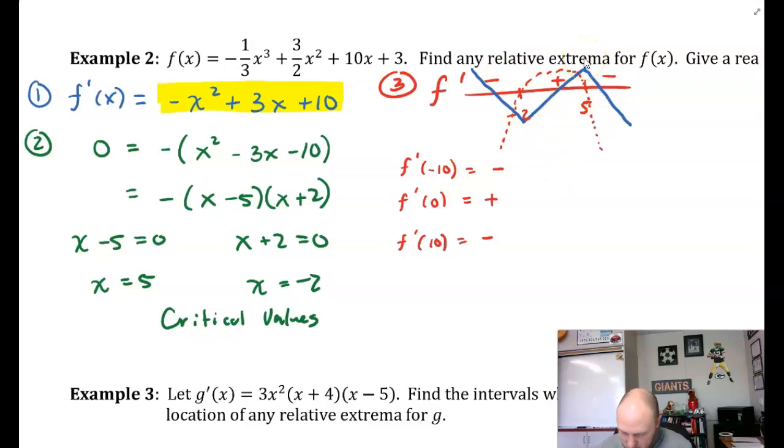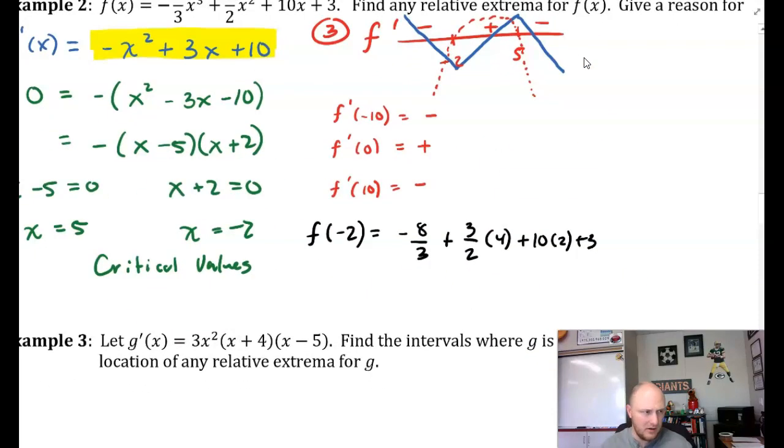So what I want to do is use these x values. I know I have a relative minimum at negative 2, so I'm going to plug this in, and we get negative 8/3 plus 3/2 times 4 plus 10 times 2 would be 20 plus 3. Okay, and believe it or not, this all works out to be negative 25/3.